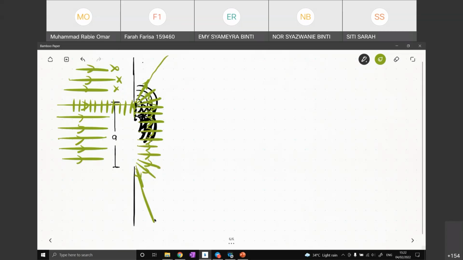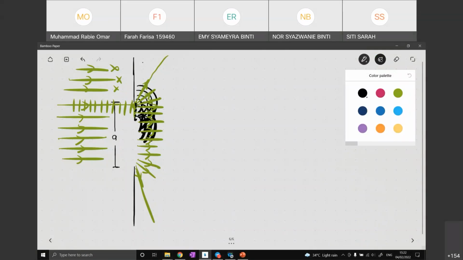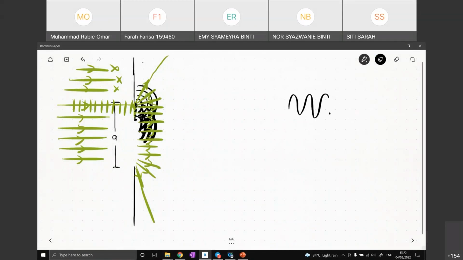Assuming that your light source over here is coherent, meaning they are in phase. Whenever I say in phase, what it means is your wave should be like this.